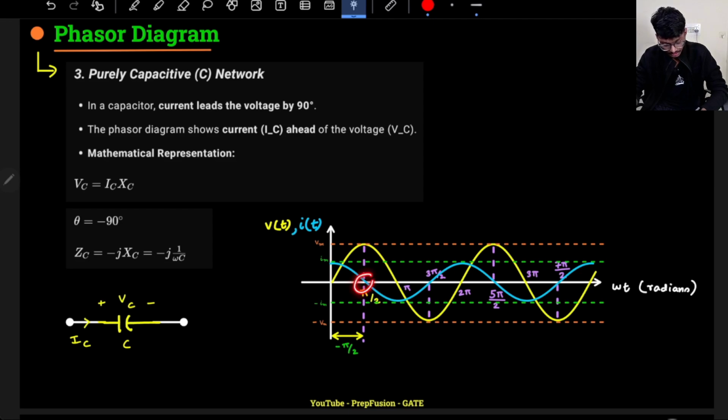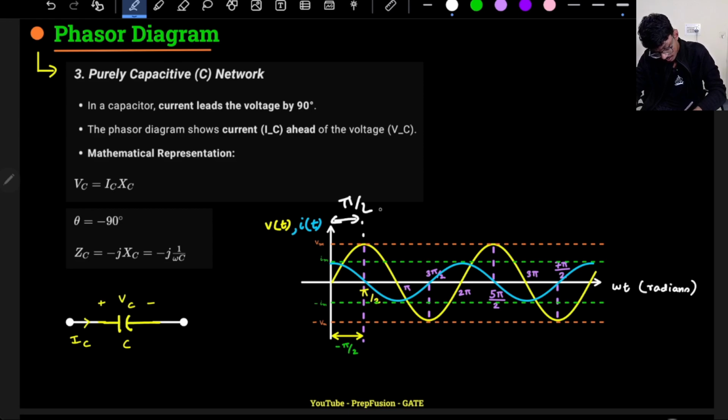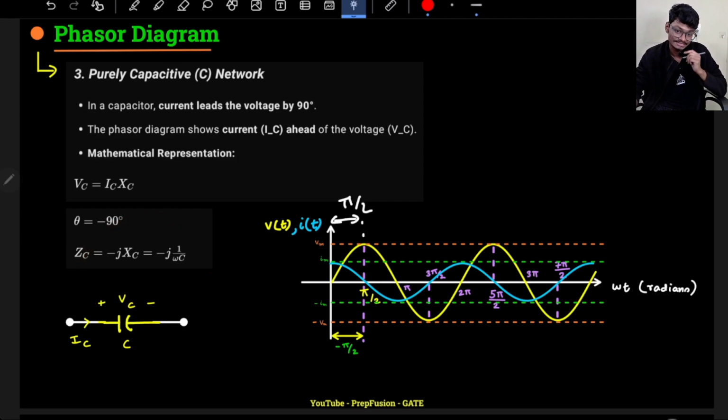Here current is crossing 0 at this point and going to negative, and voltage is going to negative after pi by 2. So that's why there is a phase difference of pi by 2, and this time it is quite the opposite. My voltage is lagging the current, that is, current is leading the voltage.